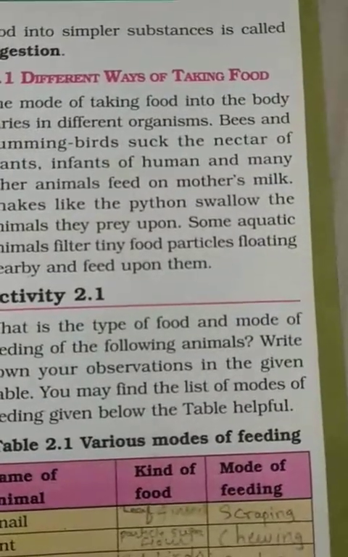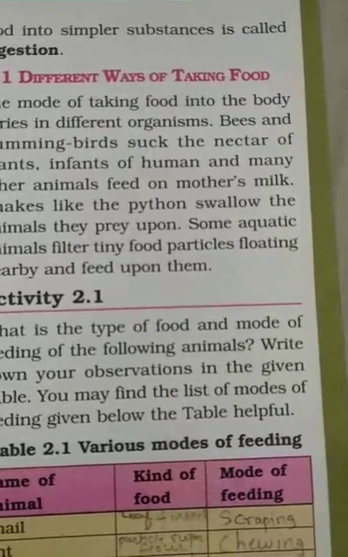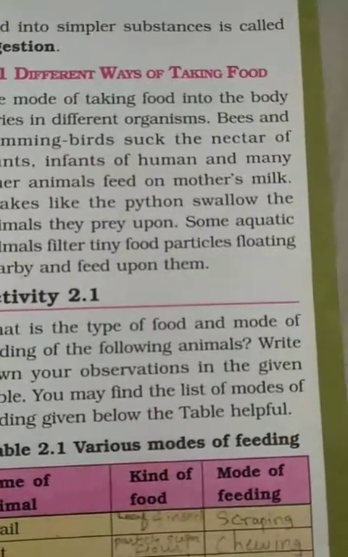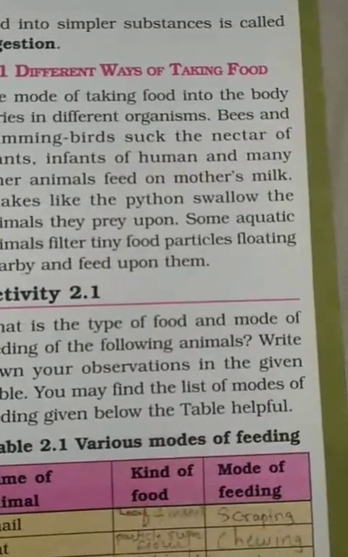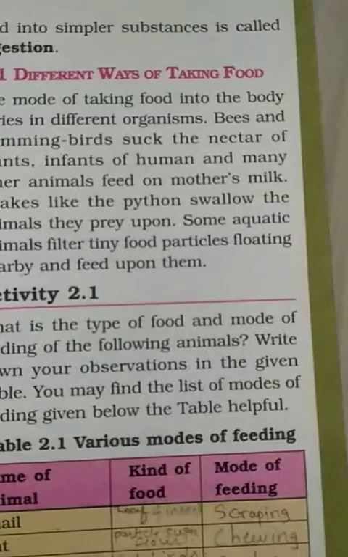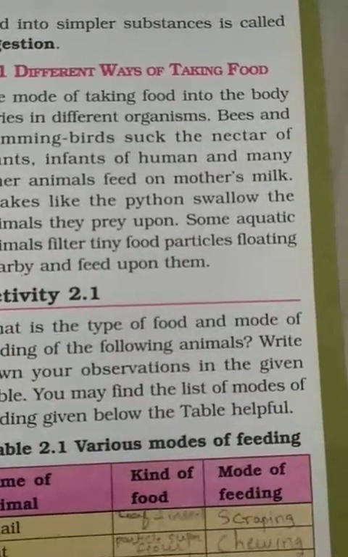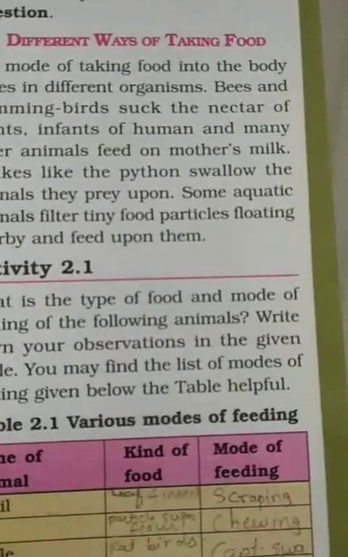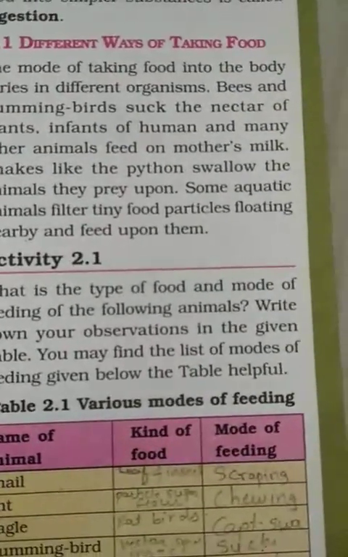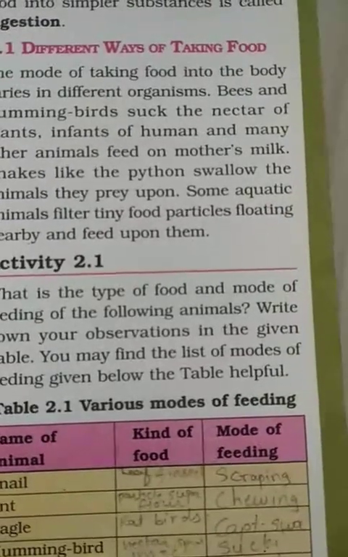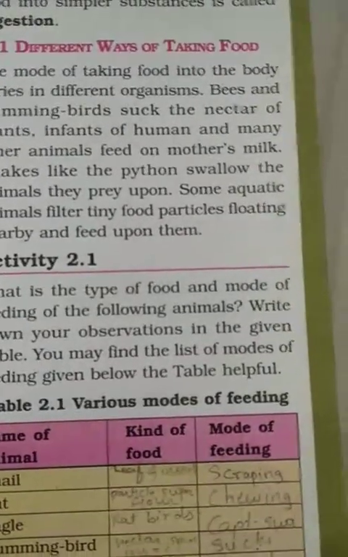Prey means their food. They hunt other animals and use them as their food. Some aquatic animals, like fish, filter tiny food particles floating nearby and feed upon those particles.